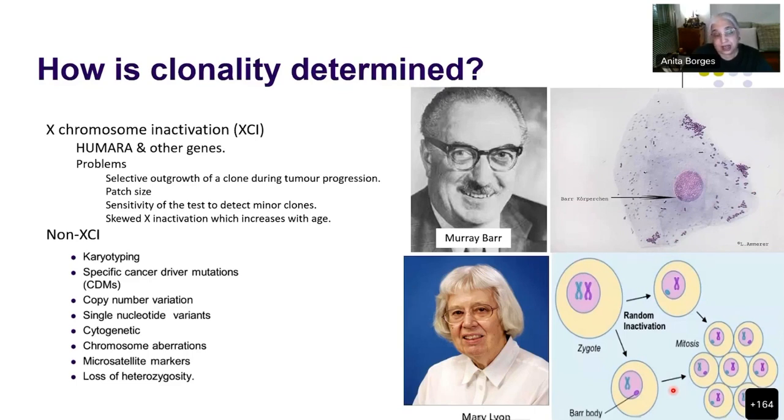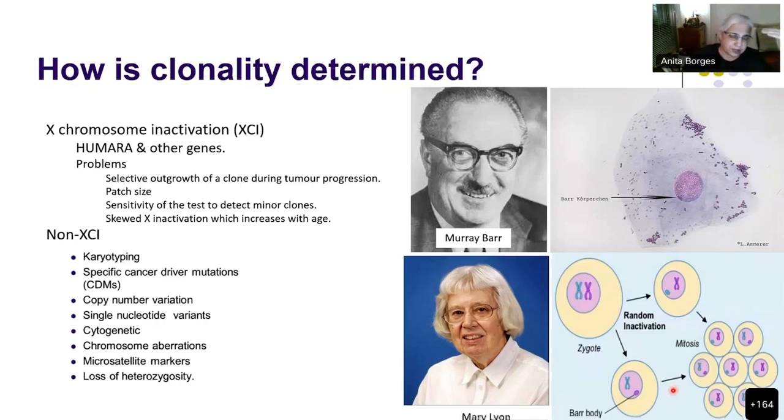Now you can understand that when those cells proliferate, they will form a patch that will have just the maternal gene inactivated, and the paternal gene inactivated will form a patch, because that's how these cells will grow from their stem cell precursors.